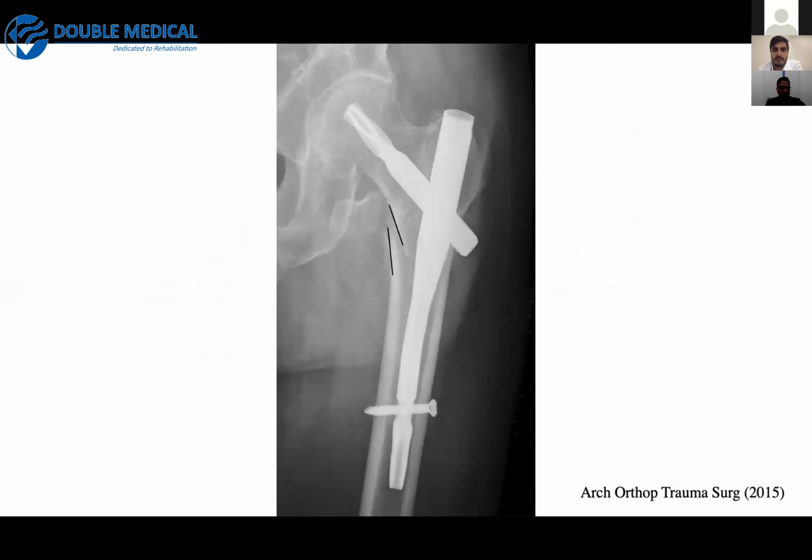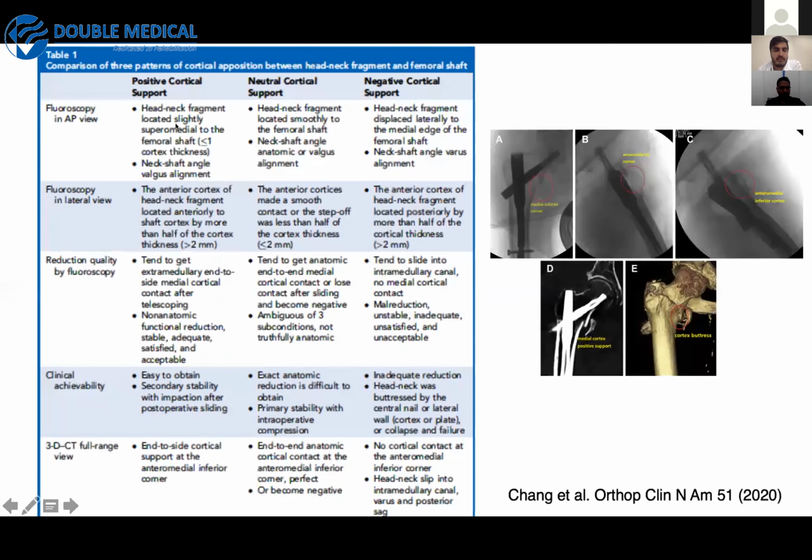Like he says, when you have positive cortical support, in the fluoroscopy the head and neck fragment is located slightly superior to the femoral shaft, with valgus alignment of the head and neck shaft angle. In the lateral view, the anterior cortex of the head neck fragment is located anterior to the shaft cortex by more than half of the cortex thickness.